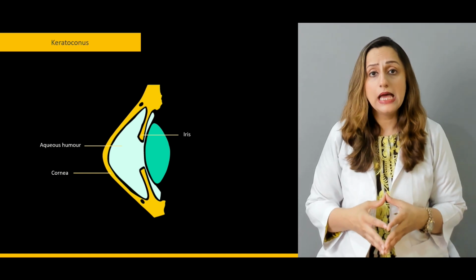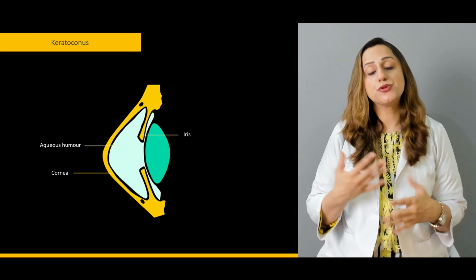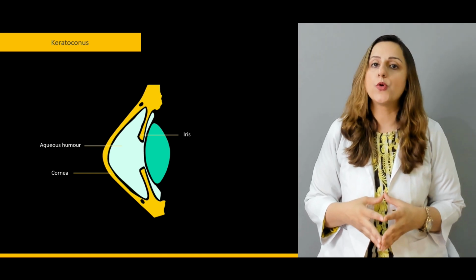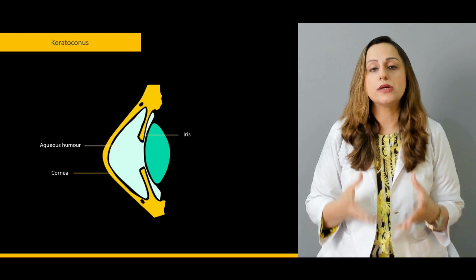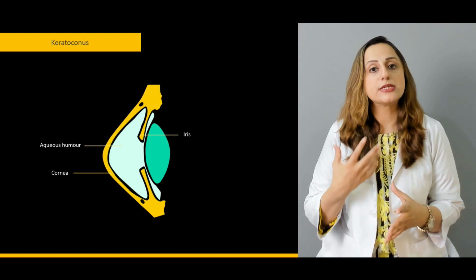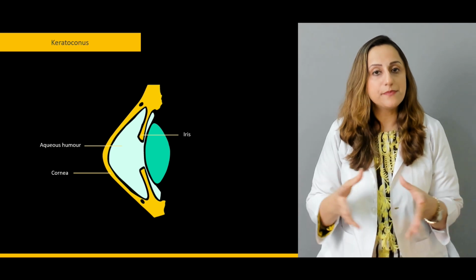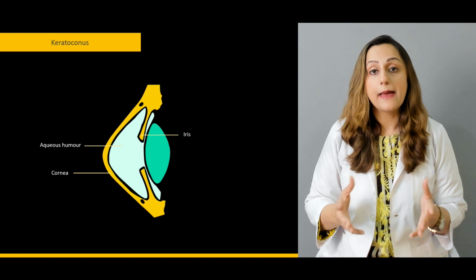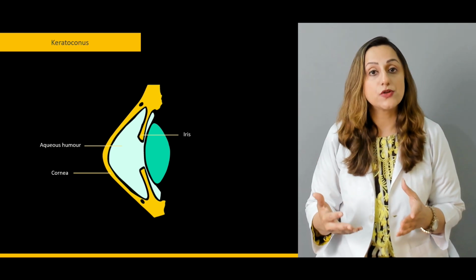For instance, children born with syndromes, for example, Down syndrome, Marfan syndrome, Ehlers-Danlos syndrome, would usually present with the development of keratoconus with the passage of time, obviously not by birth, but they are going to develop it with the passage of time.